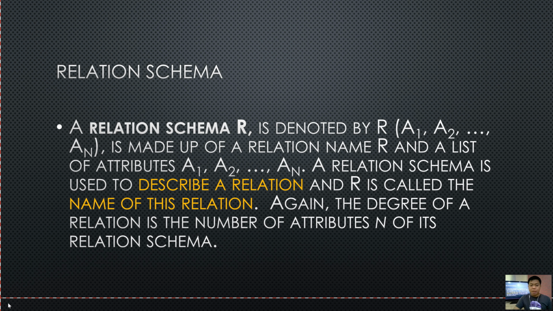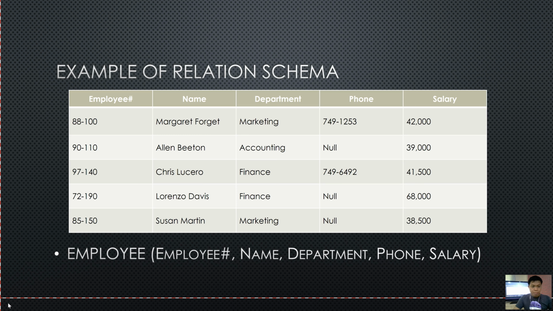A relation schema is used to describe a relation, and R is called the name of this relation. Again, the degree of a relation is the number of attributes of its relation schema.